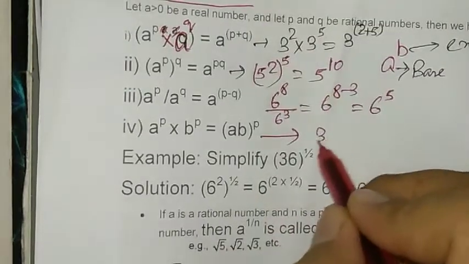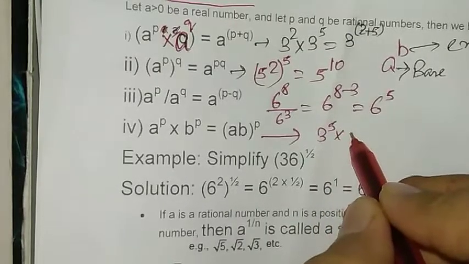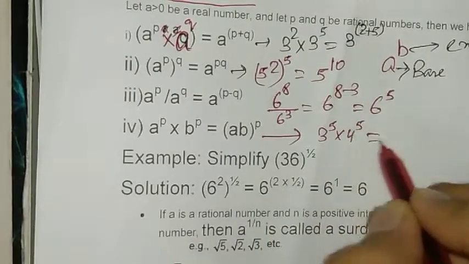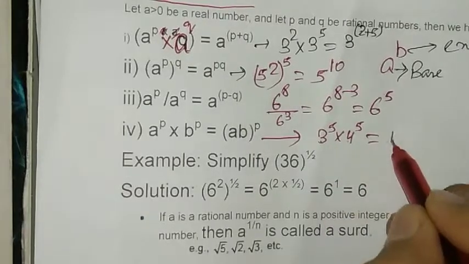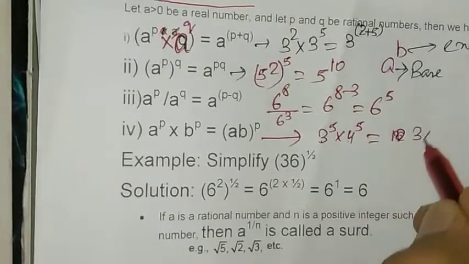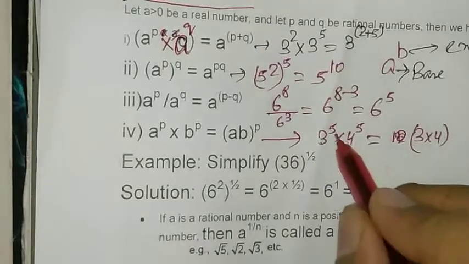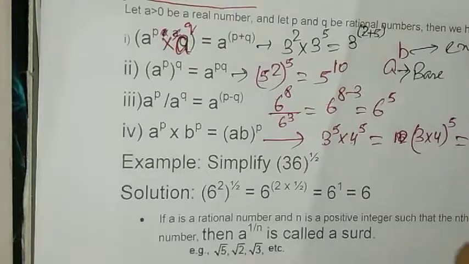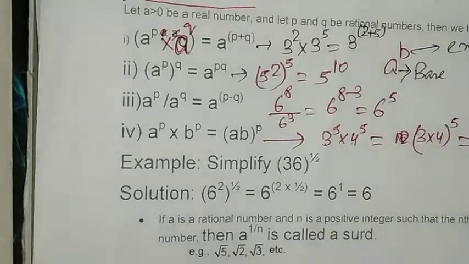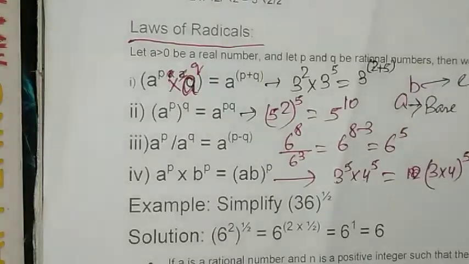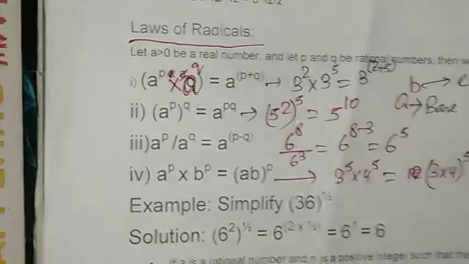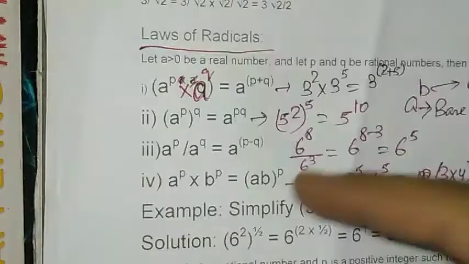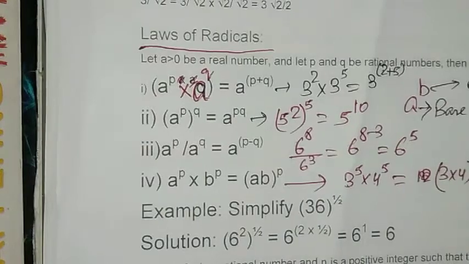Suppose 3 power 5 into 4 power 5 is there. 3 into 4 becomes 12, and the power will be the same, 5. So this gives you 12 power 5. Having explained all this, we will now move on to questions where we will be using all these four kinds of radical laws.